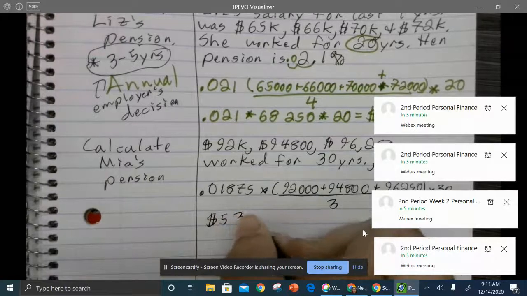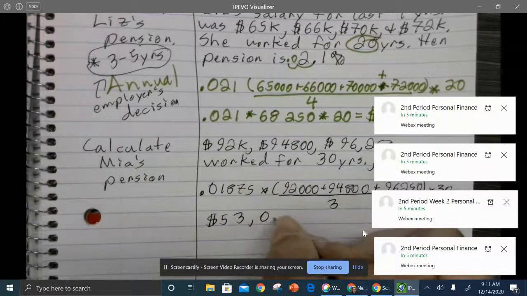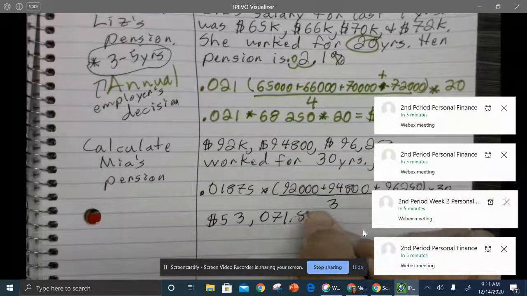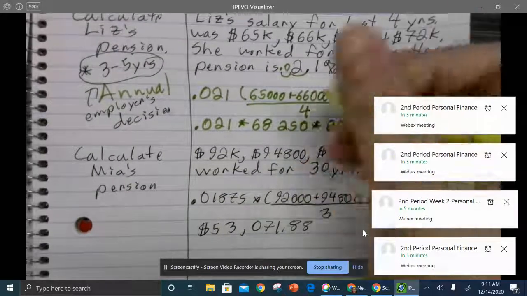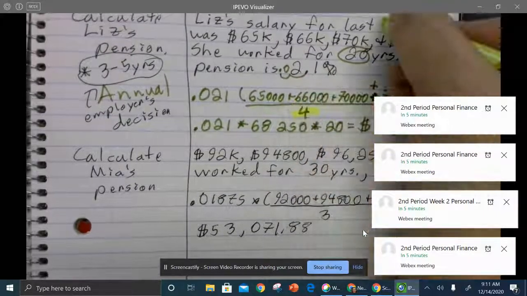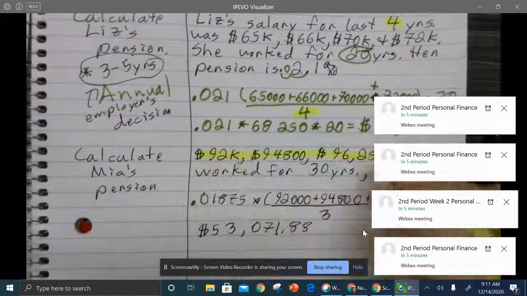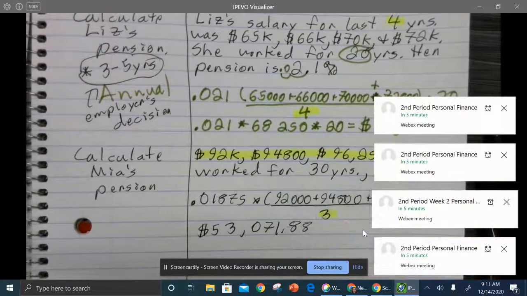We get $53,071.88. Okay, everybody, you got this. So notice this is 4 years, the last 4 years, and this is for 3, so 3 years. Okay, everybody got this.